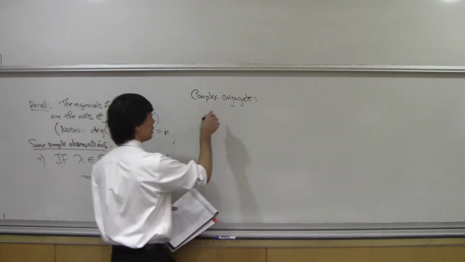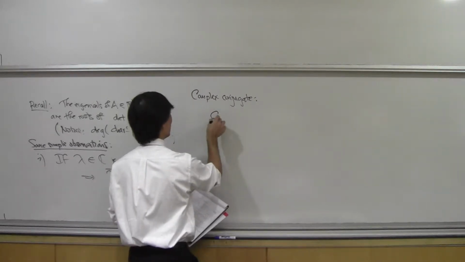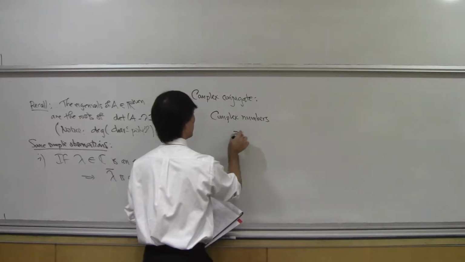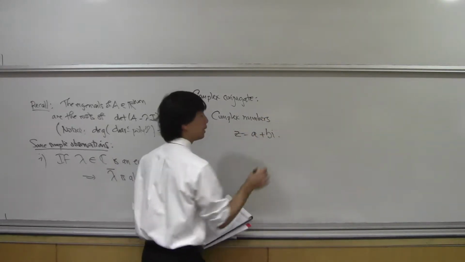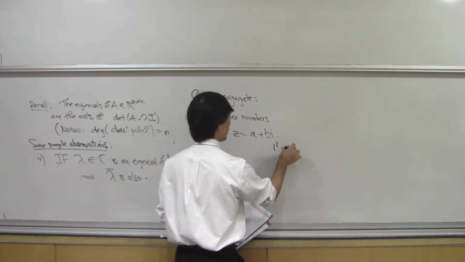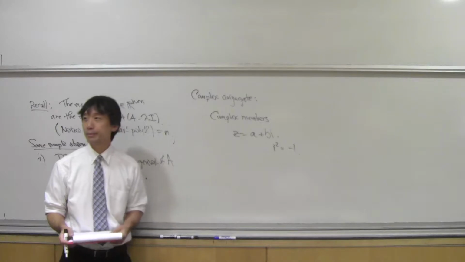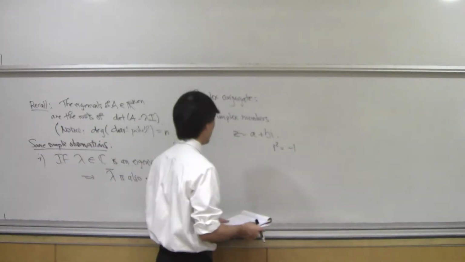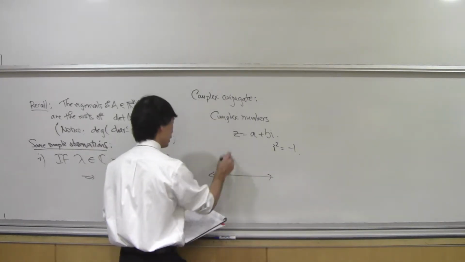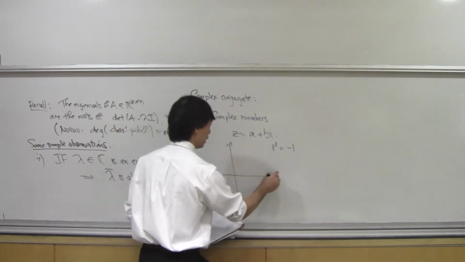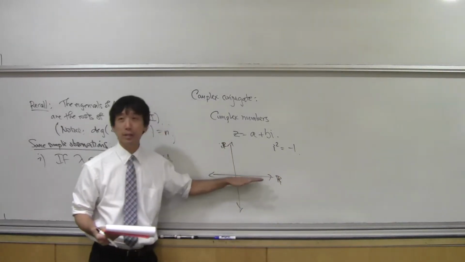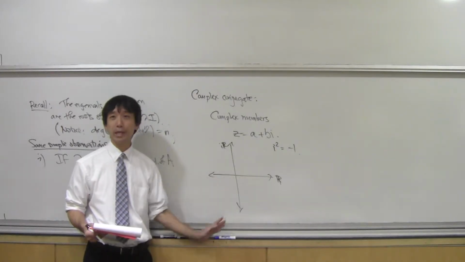So you have complex numbers, which look like this: a plus bi, where i is a square root of -1. You can represent them on a plane by thinking of one axis as the real axis and the other axis as the imaginary axis.